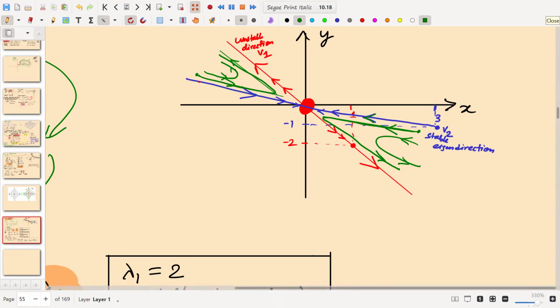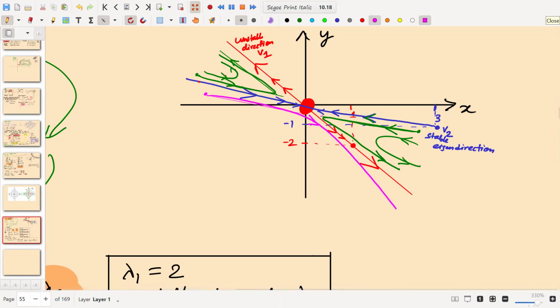Now what will happen here? Suppose you start from any point, say here. This is the stable direction, so it will keep on going, and again, this guy is also going outside, so it keeps going like this. Yes, understood. So what will happen to this point also?